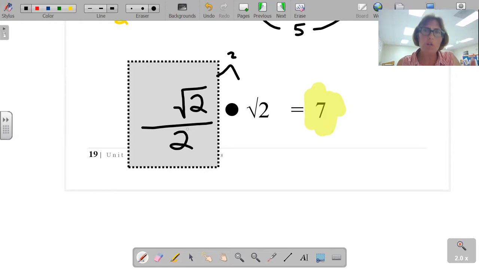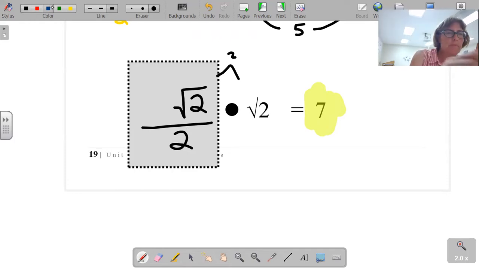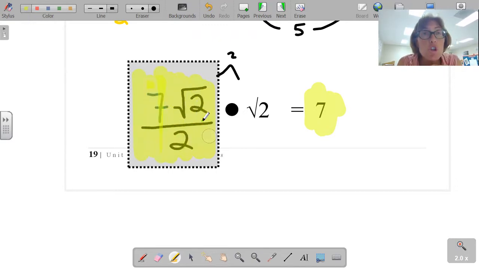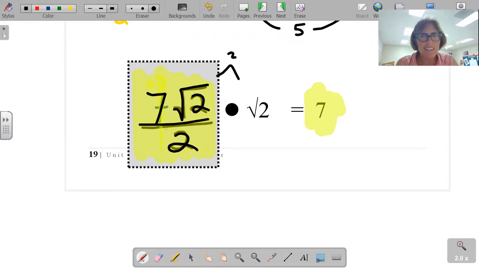I can divide by 2, because 2 divided by 2 is 1. But I want 7. What times 1 is 7? Therefore, your complete answer, what times root 2 is 7? The complete answer is, and this is a single entity, 7 root 2 over 2. You're brilliant.